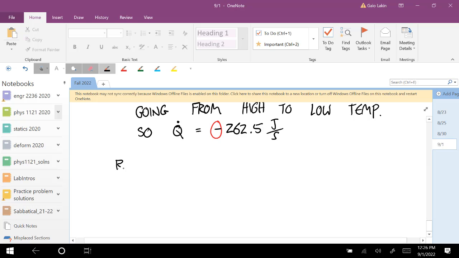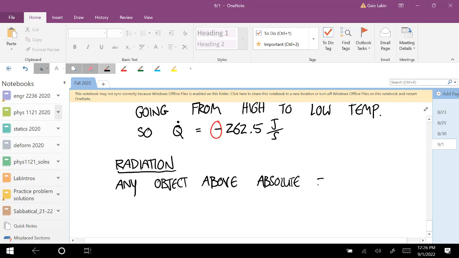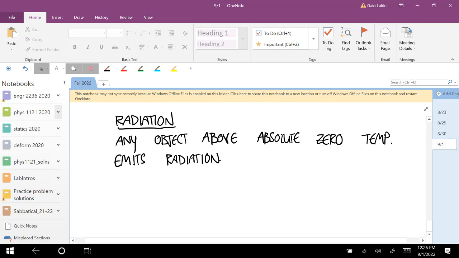Next is radiation. Any object that's above absolute zero temperature emits radiation. This radiation is in the form of electromagnetic waves.